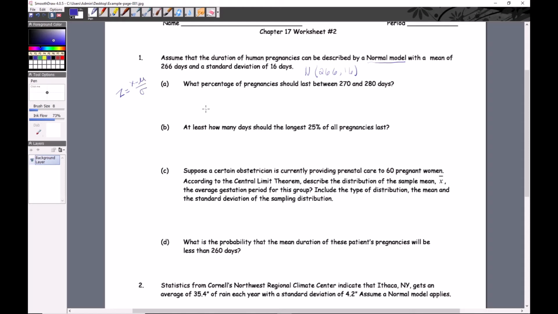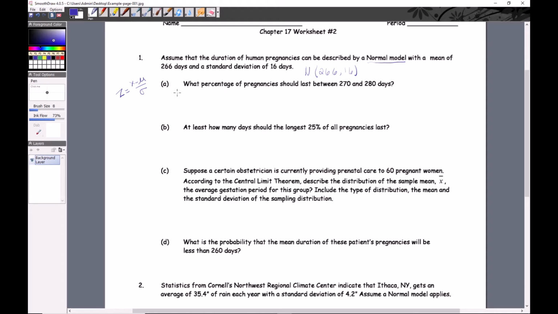Now they're asking what percentage of pregnancies should last between 270 and 280 days. This is all pregnancies, not just from sampling. So we're looking at where individuals that are pregnant fall with all the other individuals that are pregnant in one big distribution, and we'll figure out probabilities for whatever is asked.